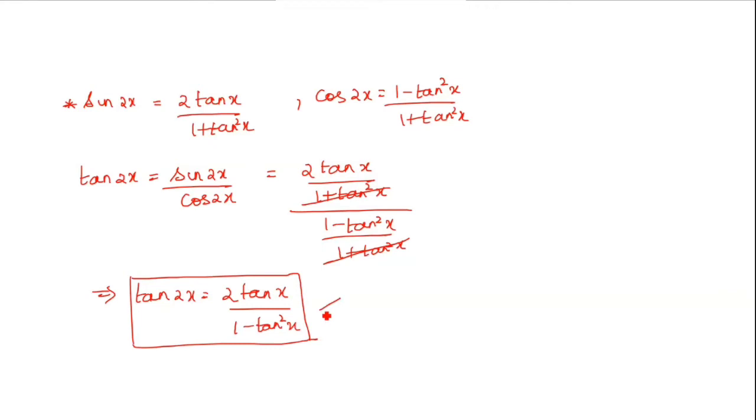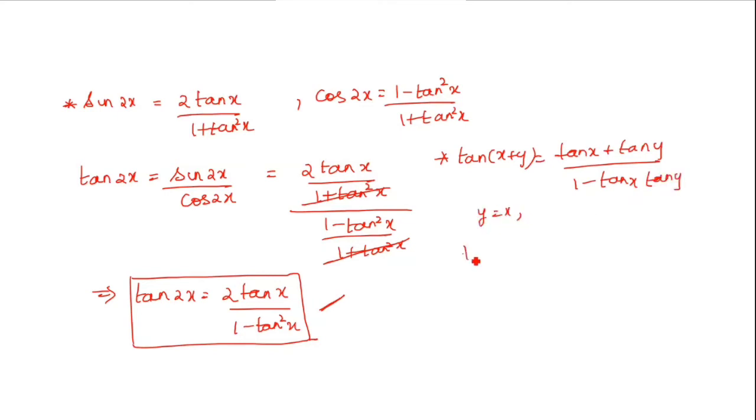Now, if you can't remember it like this, you know the tan x plus y formula. What is tan x plus y? Tan x plus y formula is tan x plus tan y whole divided by 1 minus the product tan x into tan y. Wherever there is y, you put x. So you get tan of x plus x, which is tan 2x, equal to tan x plus tan x whole divided by 1 minus tan x into tan x.